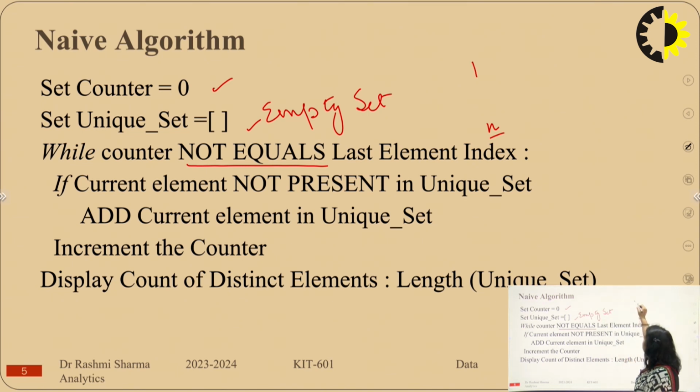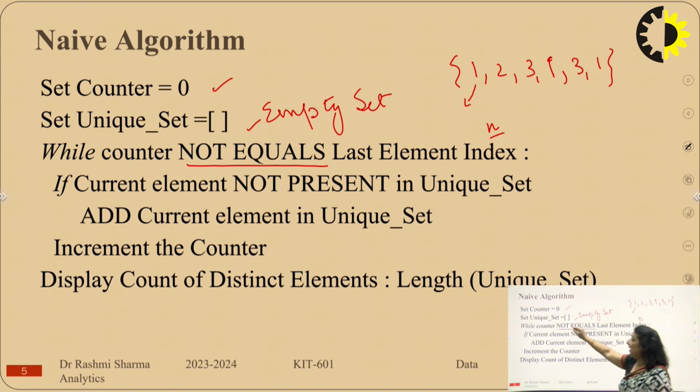As if I have a stream of 1, 2, 3, then again 1, 3, 1. So for the first time when I am traversing this series, 1 would be an element because I have this unique set as phi, the empty set. When we are traversing the first element, definitely element 1 is not present in the unique set.